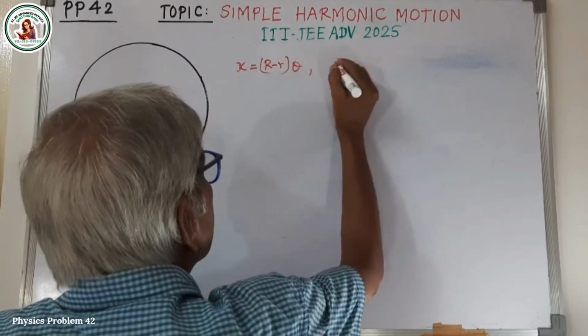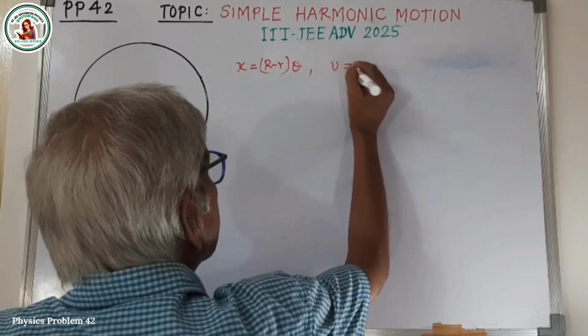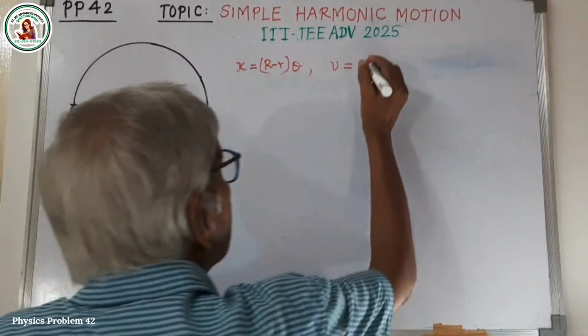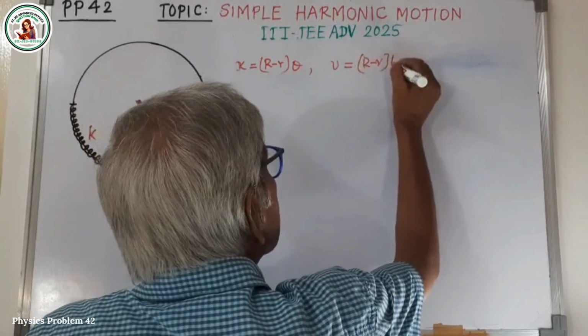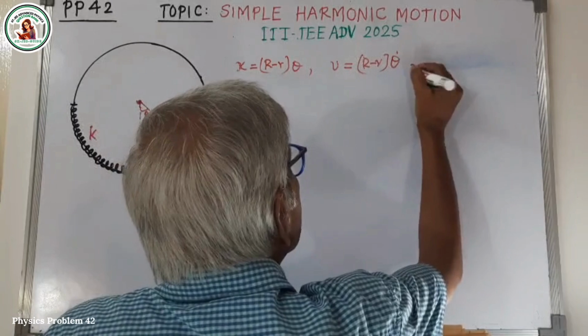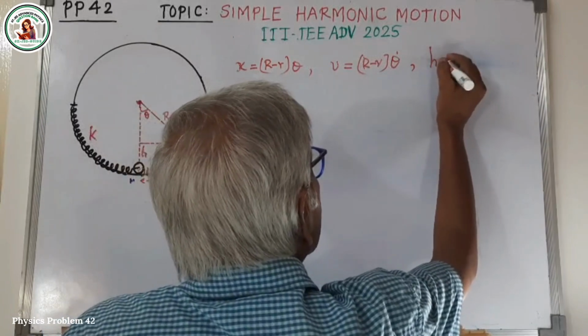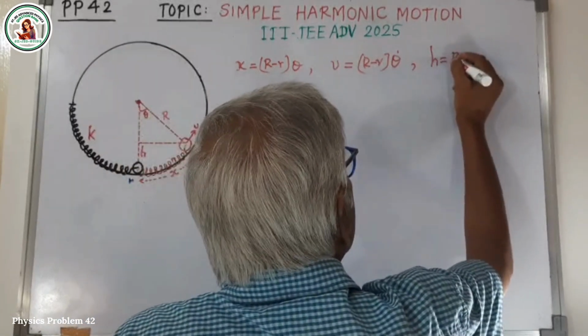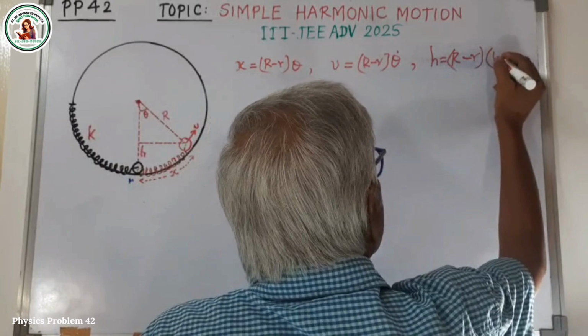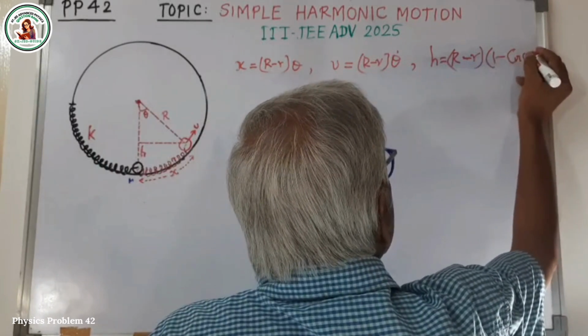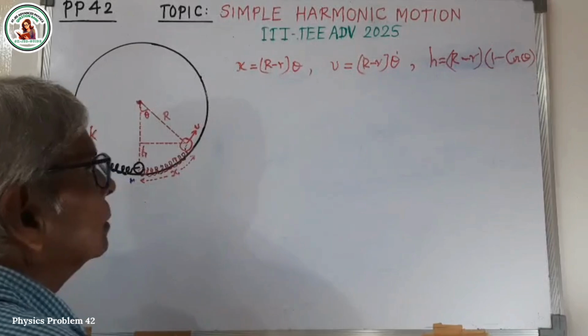Then the linear velocity v is equal to omega times (R minus r), that is (R minus r) into theta dot. Then h is equal to (R minus r), being the effective radius, times (1 minus cos theta), which I already explained.